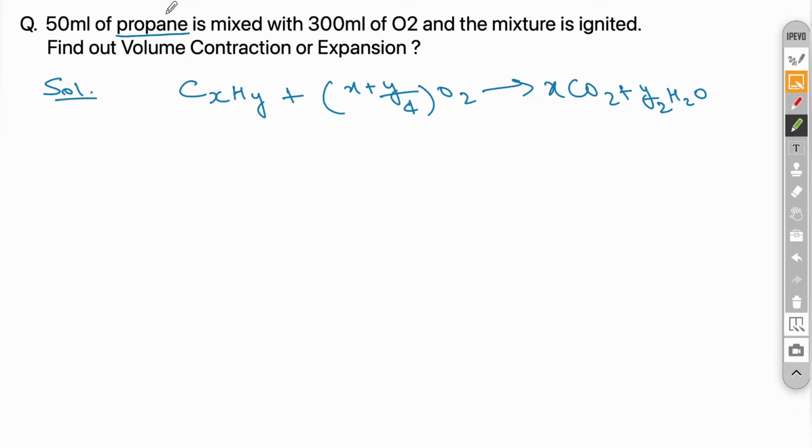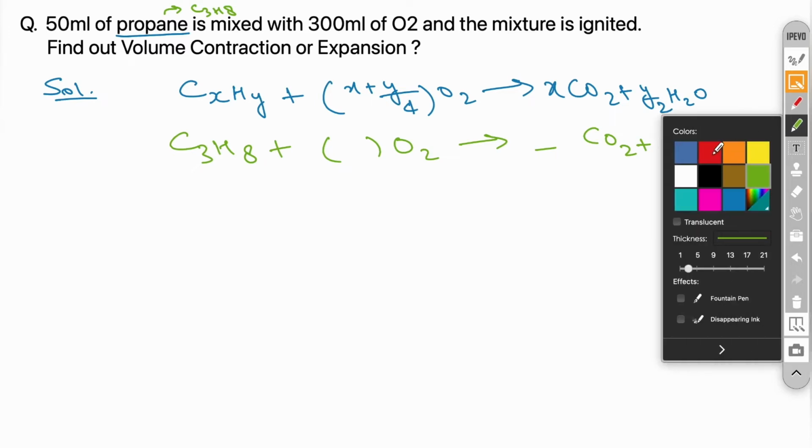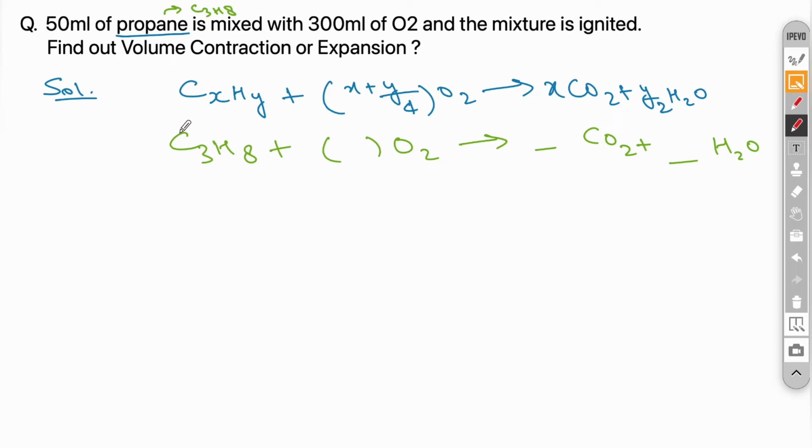Now you know the formula for propane, it is C3H8. So instead of x we'll write 3 and instead of y we'll write 8. And similarly we'll put these values here for x and y, xCO2 plus y by 2 of H2O. So we can clearly observe that x is 3 and y is 8, right?